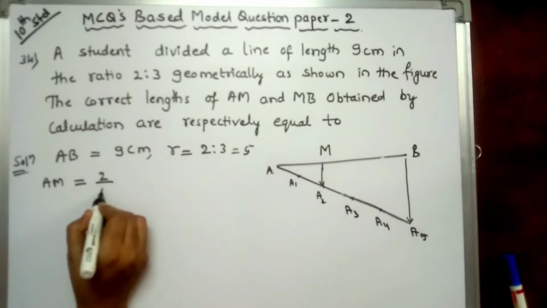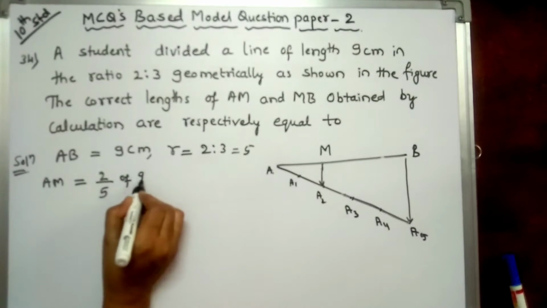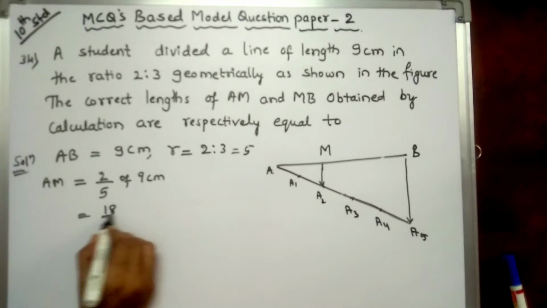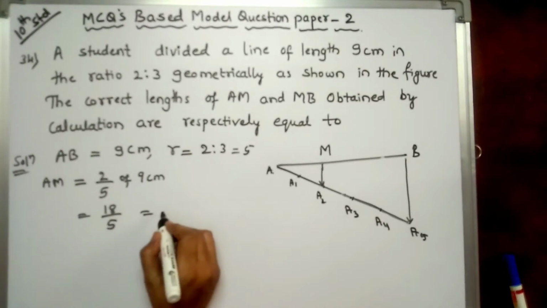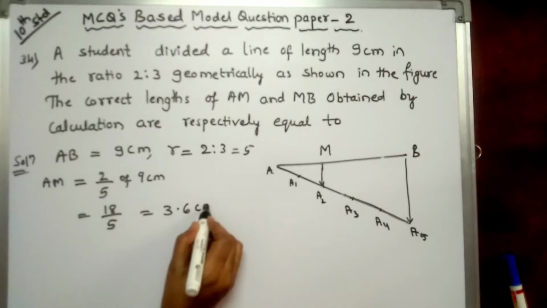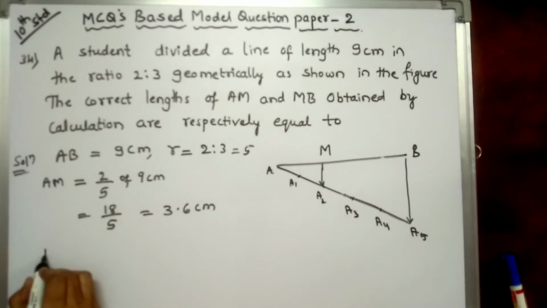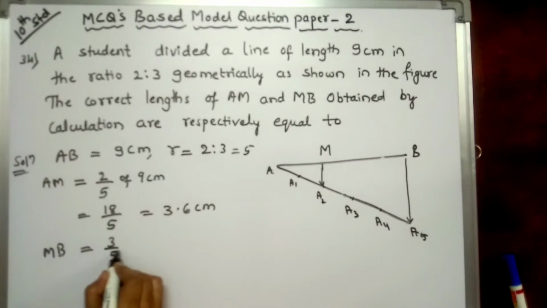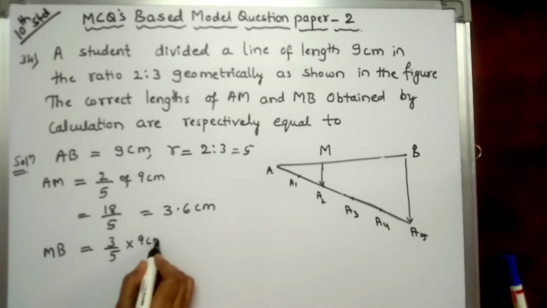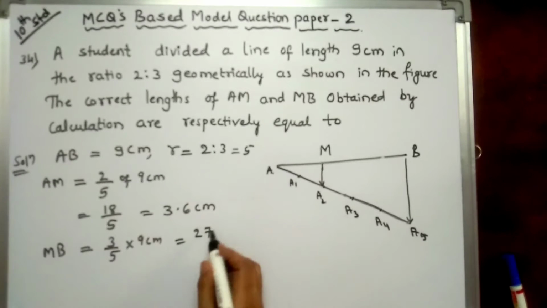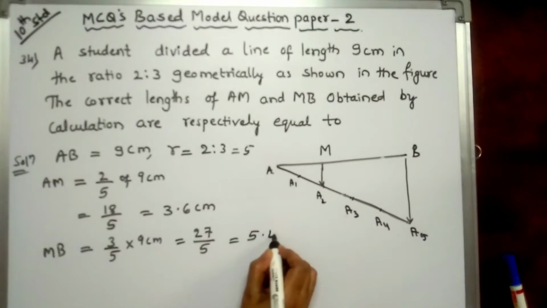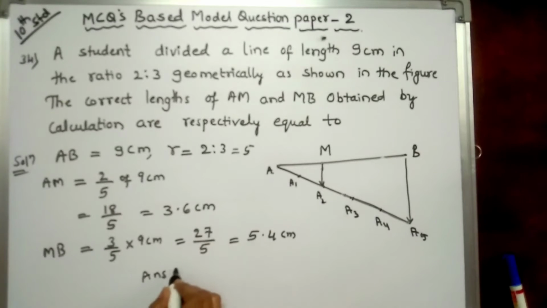So 2 by 5 of 9 centimeter, 2 nines are 18 by 5, which is 3.6 centimeter. Next, MB is 3 parts, 3 by 5 of 9 centimeter, that is 27 by 5, which is 5.4 centimeter. So option C.